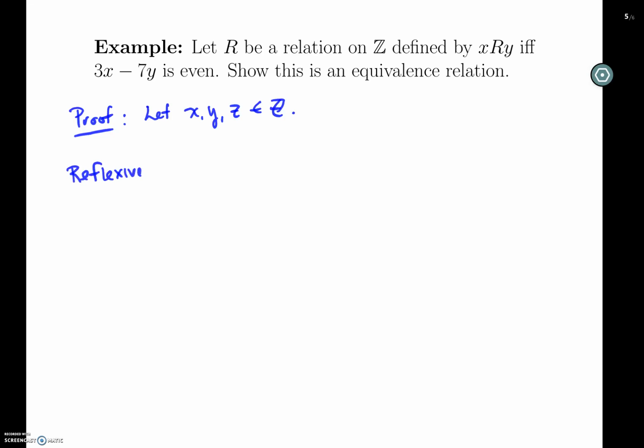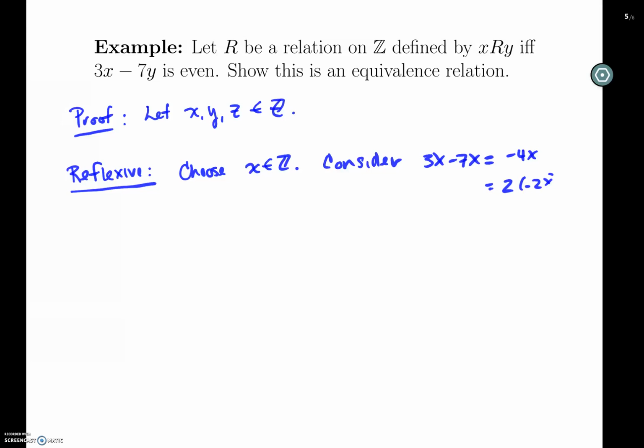To show that it's reflexive, we will choose x to be an integer, and then we consider 3x minus 7x, which happens to be negative 4x, which is 2 times negative 2x. So here we see that 3x minus 7x is clearly even, and so we know that our relation is reflexive.